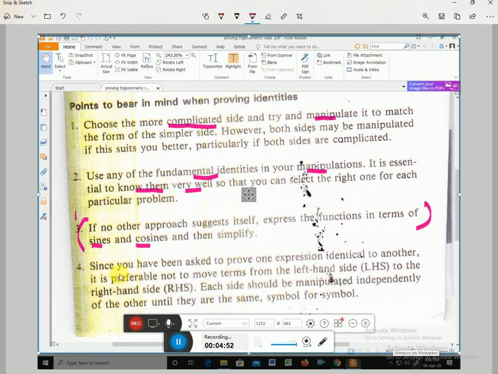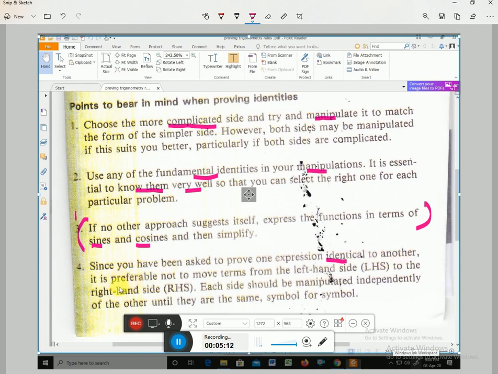Since you have been asked to prove one expression identical to another, do you remember identical twins?